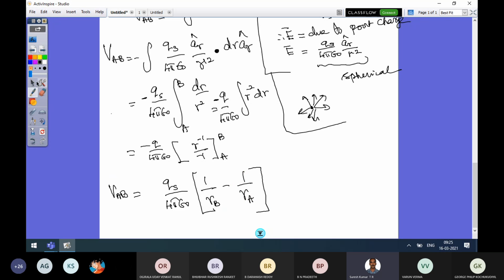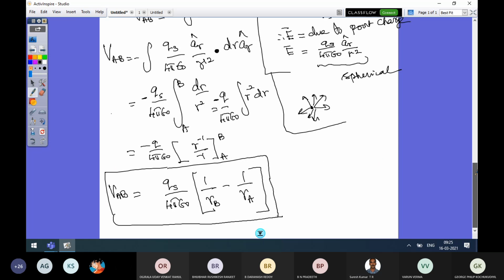What is this ra and rb? See, while solving the problem, you can easily substitute this q and everything. But the tricky part in this problem, especially with this potential problem solving, will be the r. What is r? Ra and rb. Now, instead of going there, I will draw a picture here.